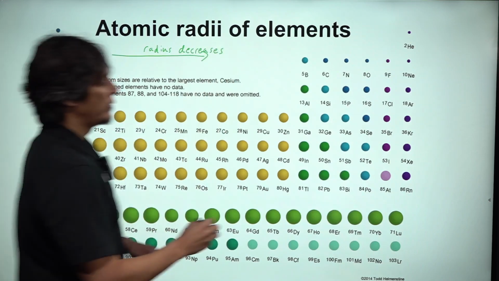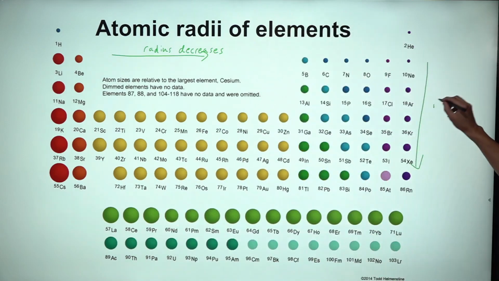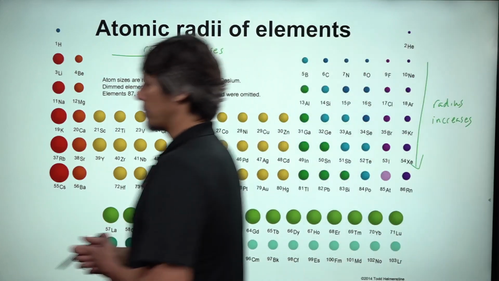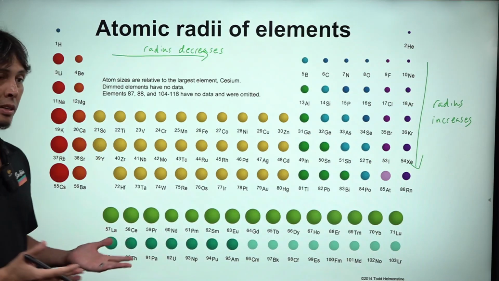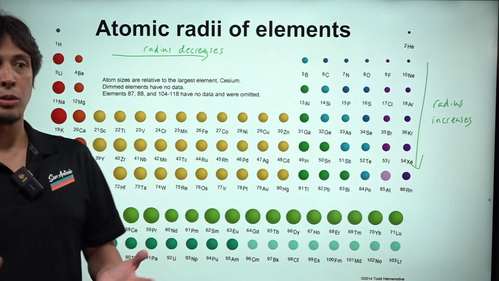And then as we move down a group, the radius increases. All right, and so we're going to eventually discuss why this occurs in terms of the interaction between the nucleus of the atom and the electrons in the atom.